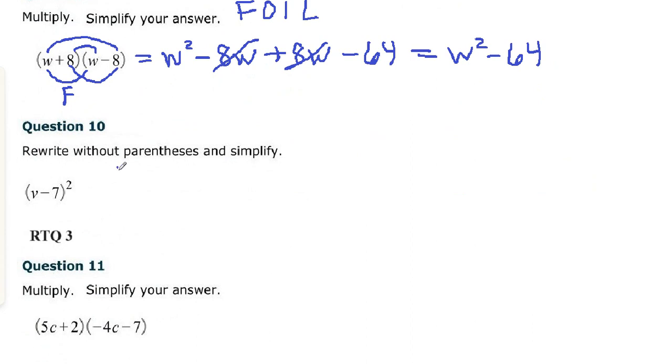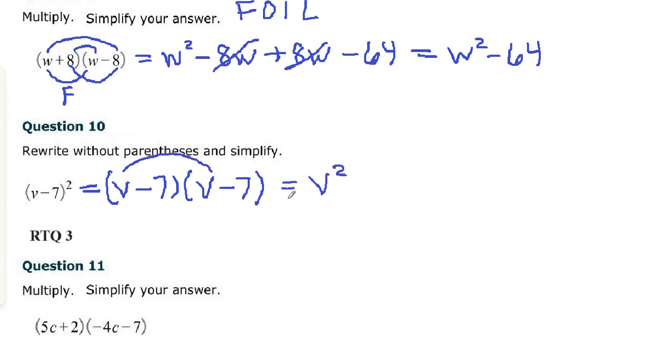In question number 10, they want us to rewrite without parentheses and simplify. They just want us to multiply this out. So v minus 7 squared means v minus 7 times v minus 7. And again, it's 2 terms times 2 terms, so we're going to use FOIL. So first terms here, v times v, v squared. Outer terms here, v times negative 7, minus 7v.